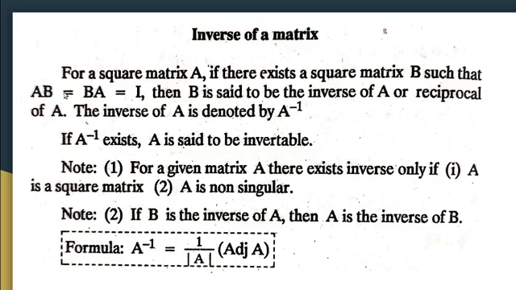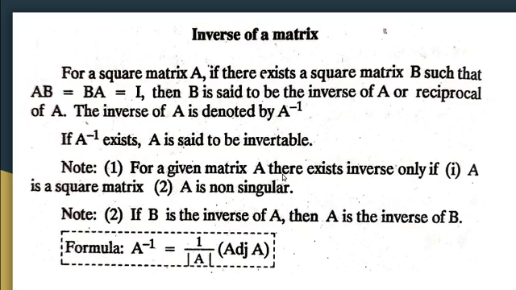Then, if there exists a square matrix B, that means B is considered as the inverse of A. So, if B exists as an inverse of A, the condition for existence of the inverse is that AB is equal to BA is equal to I. Then only B is said to be the inverse of A or reciprocal of A. Usually the inverse of matrix A is denoted by A inverse. Then if A inverse exists, A is said to be invertible.